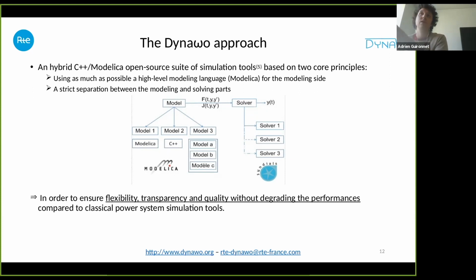On the solver side, we try to use as much as possible open source solutions developed by applied mathematician teams in order to use what is the best for our kind of problems. And on the modeling side, we can use either Modelica and C++, and they are handled in a similar way to give a unique common interface to the solver side, keeping this strict separation between both parts.